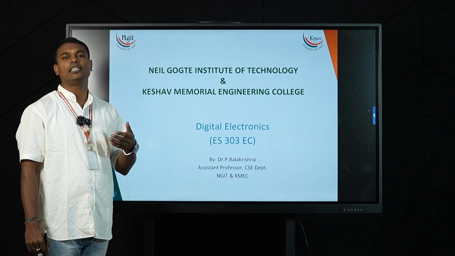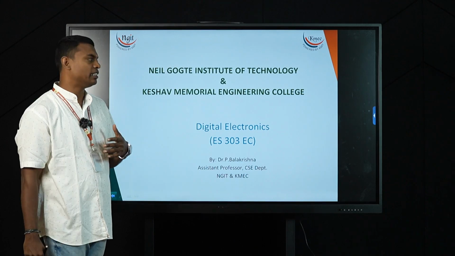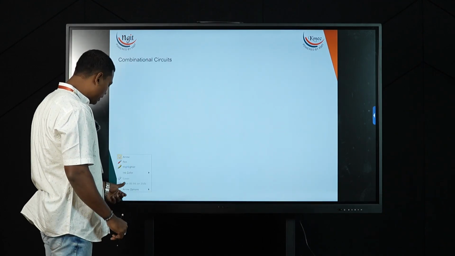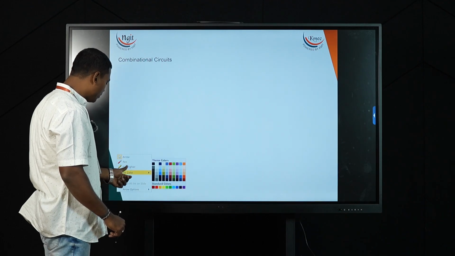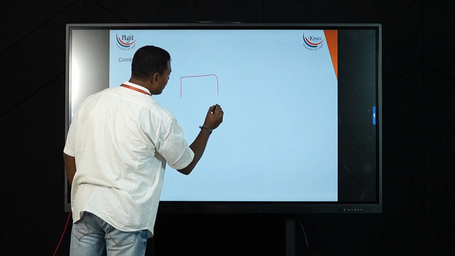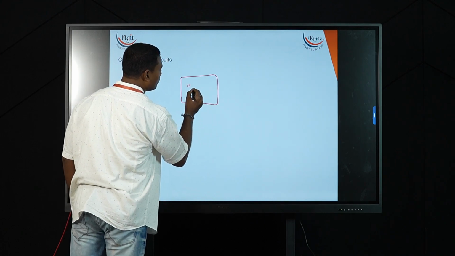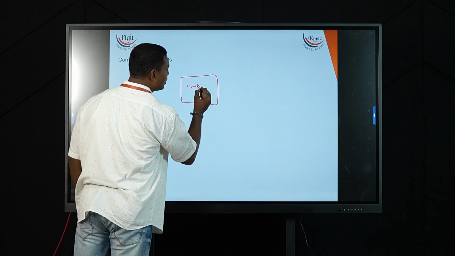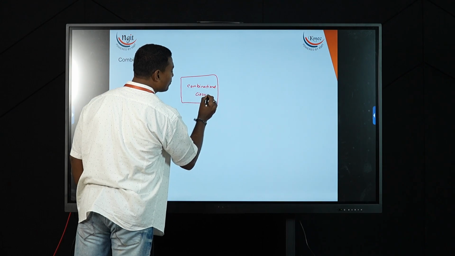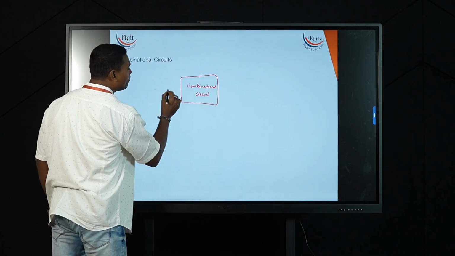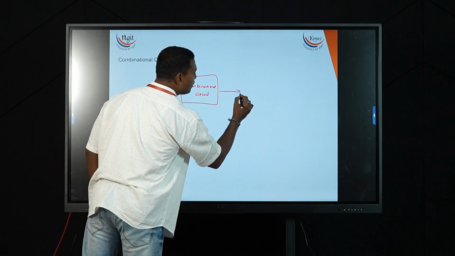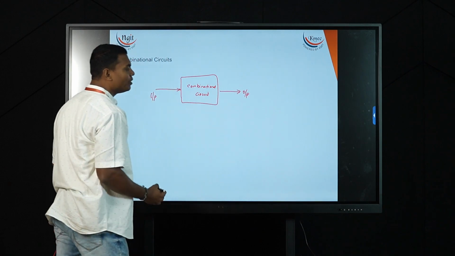First, let's understand what exactly a combinational circuit is. Let us see how it looks. For example, if I have a block called a combinational circuit, which can be anything, for which I am providing an input and I am also providing an output.